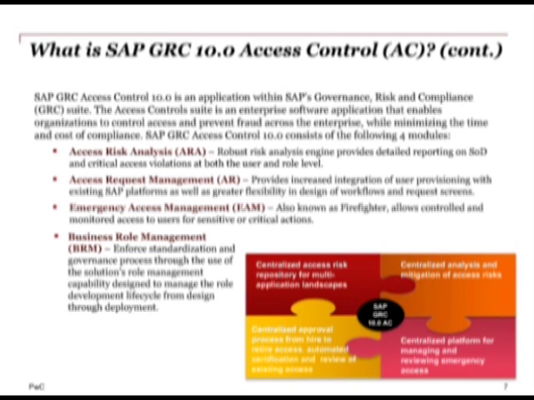To talk about what those are, emergency access management manages those situations where people may need additional privileges in an emergency situation. So they're extended authorizations or entitlements that are temporary and need to be approved and monitored from a compliance perspective. That's what that tool does. You might also be familiar with the term firefighter, which is that application as well.